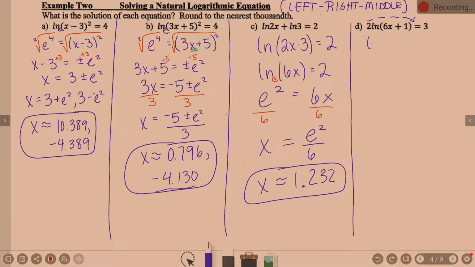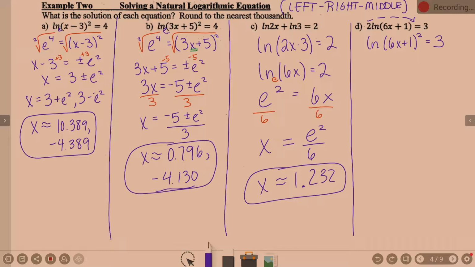And so then you would have natural log of 6x plus 1 quantity squared equals 3. And I don't know about you guys, but this looks a lot like A and B, doesn't it? So for that reason, I'm ready to move on to the back side if you don't mind.